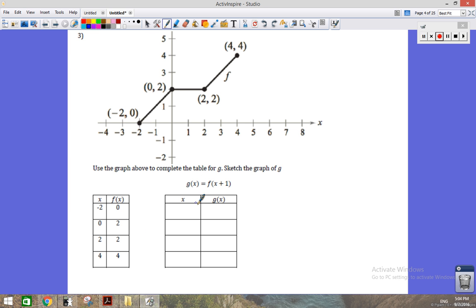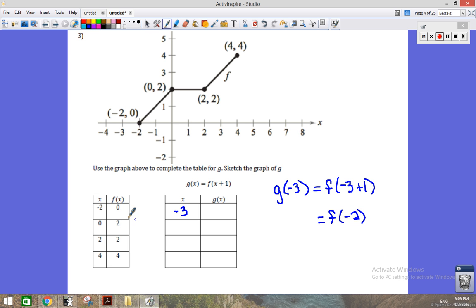Well, let's evaluate this. I'm going to input g at negative 3 and see what the output is. So when x is negative 3, what's the output of g? Well, this equation tells me to let x be negative 3, add 1 to that. Negative 3 plus 1 is negative 2.